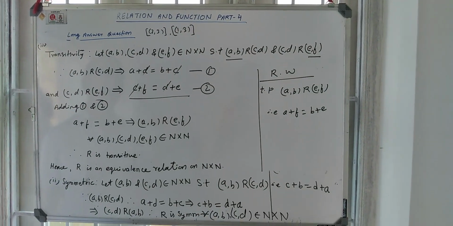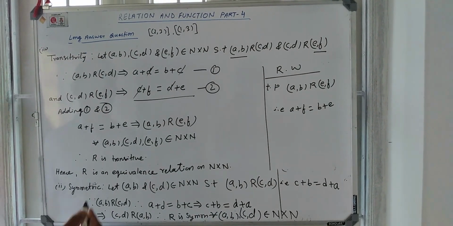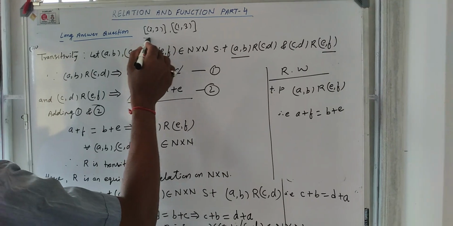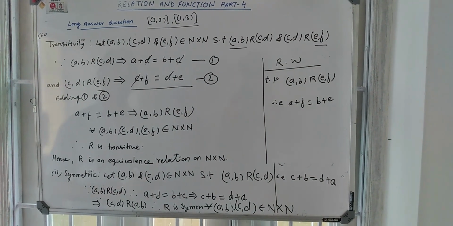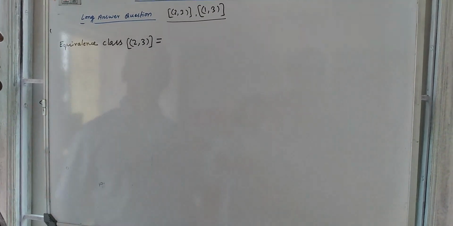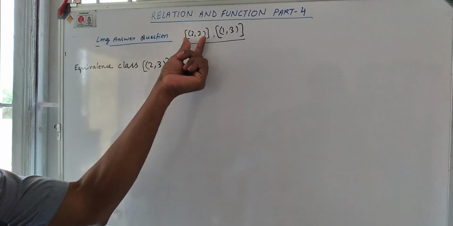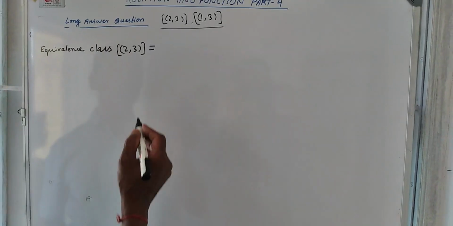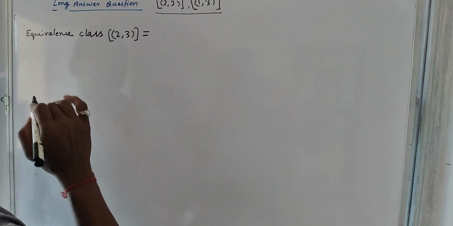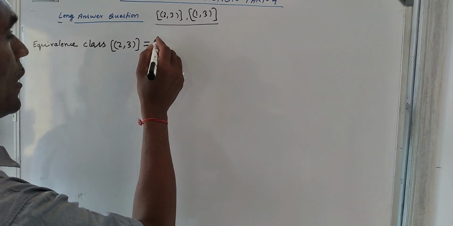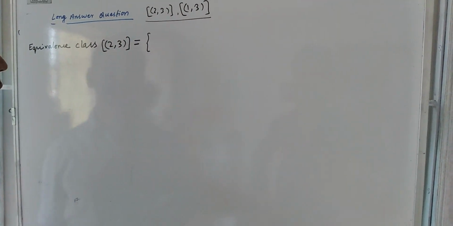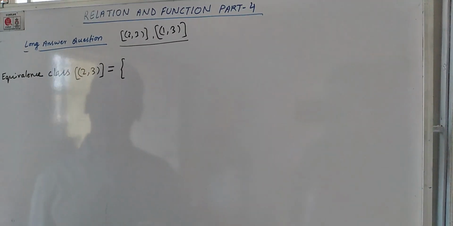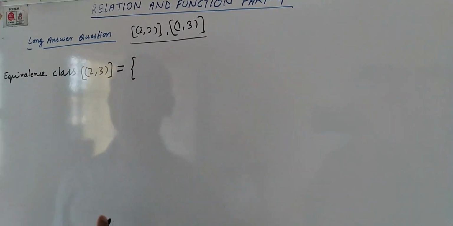Now the second part: we have to find the equivalence class of these two elements. So let us consider one by one. Equivalence class of element (2, 3). We represent this by this symbol. Now according to our definition, it is all elements of N cross N which are related to (2, 3).